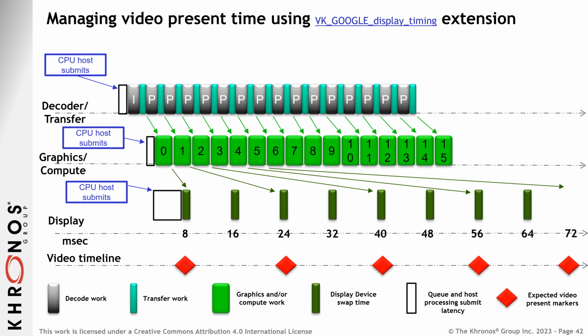When using a display timing extension, the application will request the frame present time when submitting it to the present queue. The present queue will skip displaying frames until their time requested by the application has been reached. If you were to compare this with the previous timing diagrams, the video content will now be displayed at the targeted display rate.